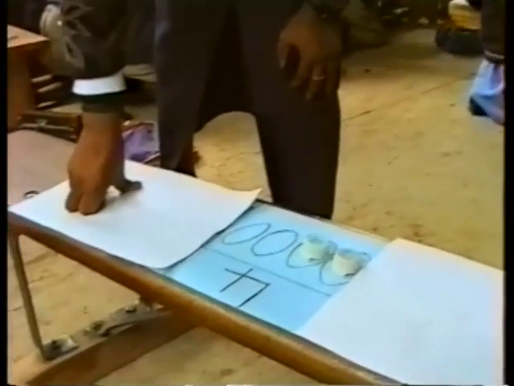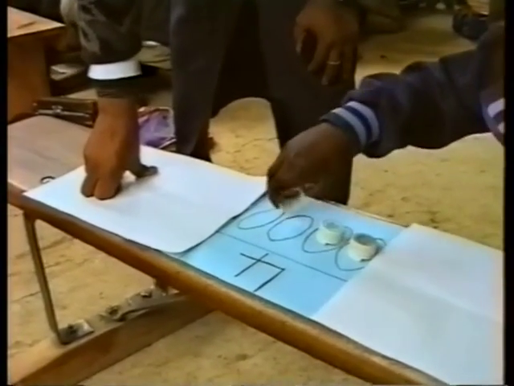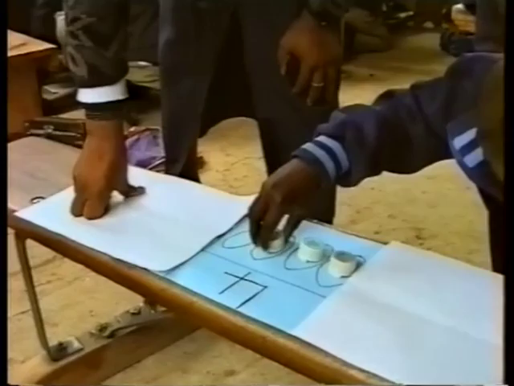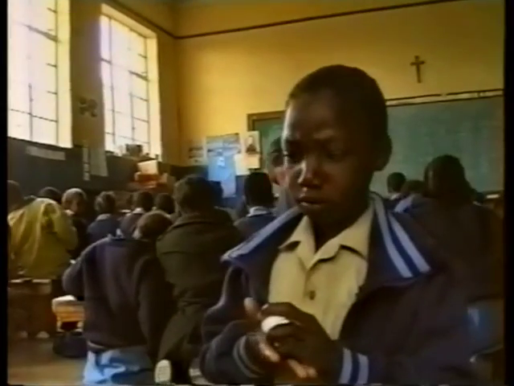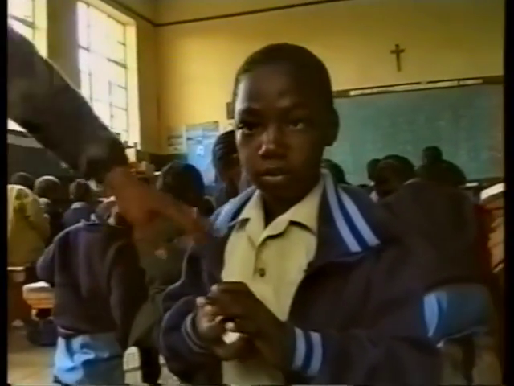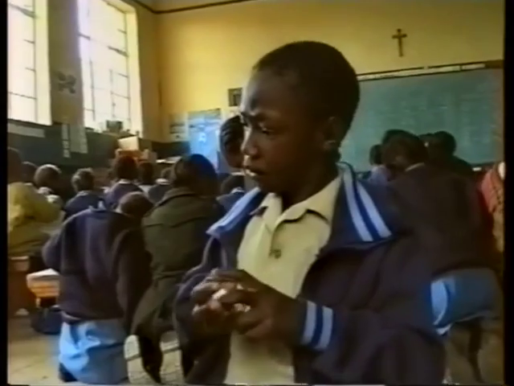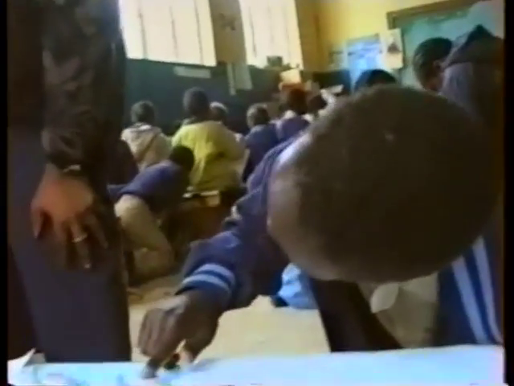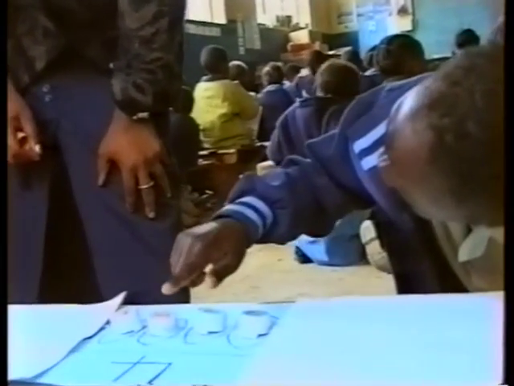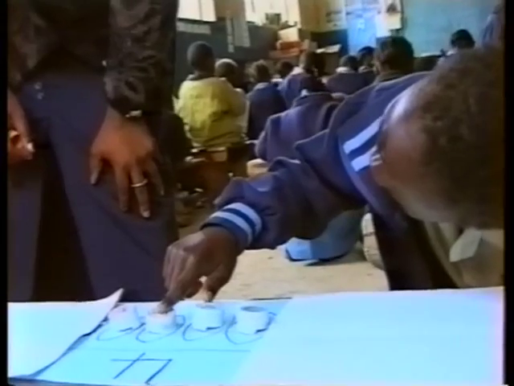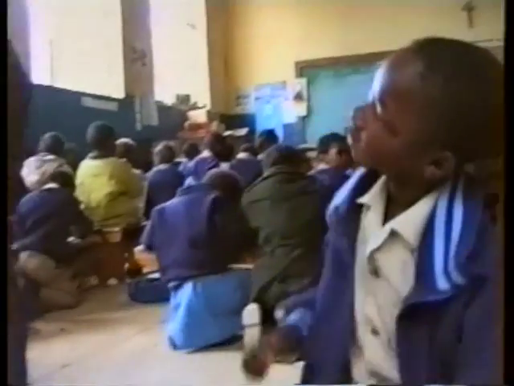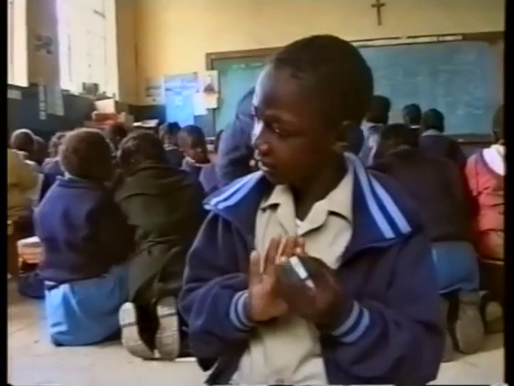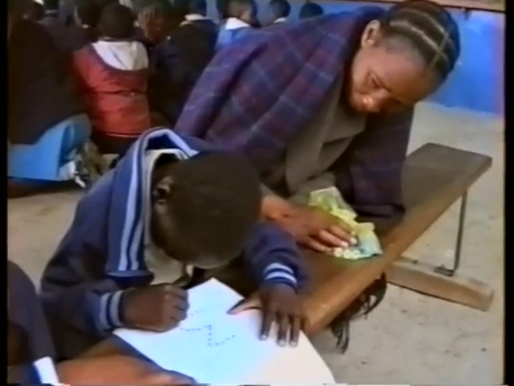Another one. 1, 2, 3, 4. Count. 1, 2, 3, 4. Good. Fourthly, they have to be able to write the numbers.